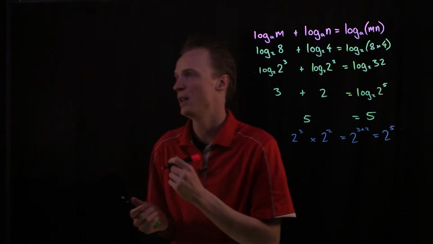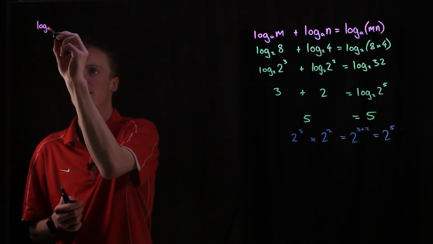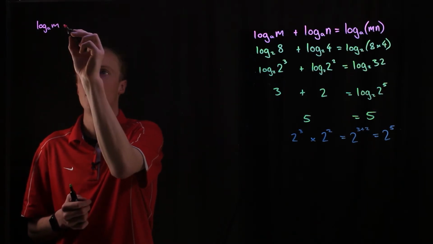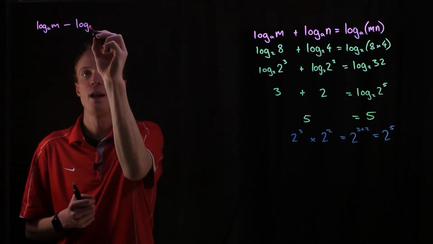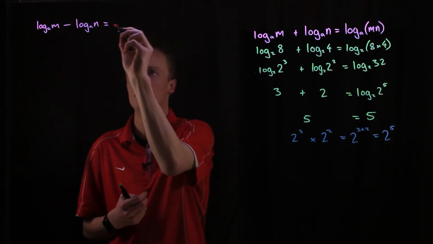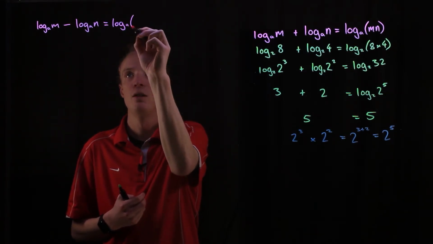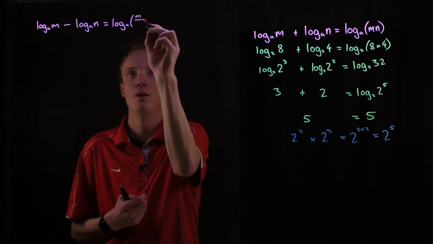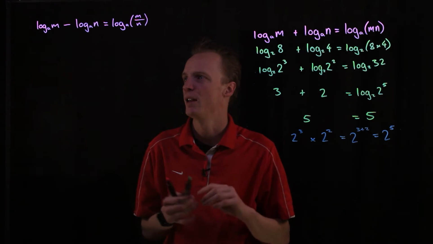The quotient law says that if I've got the logarithm of base a of m and I subtract the logarithm of base a of n, this will be equal to the logarithm of base a of m over n. So like last time, let's take a hands-on example.